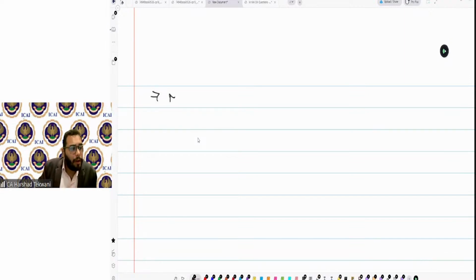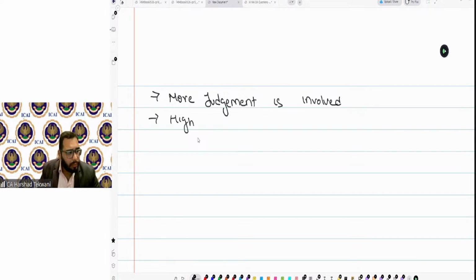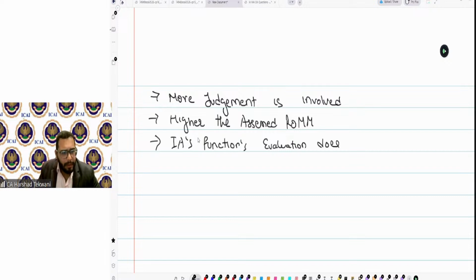We have discussed this already: where more judgment is involved in planning or evaluating the audit evidence, or where the assessed risk of material misstatement is higher, or where the internal audit function's evaluation does not permit, meaning level of competency, organizational support, everything is there. It does not permit.